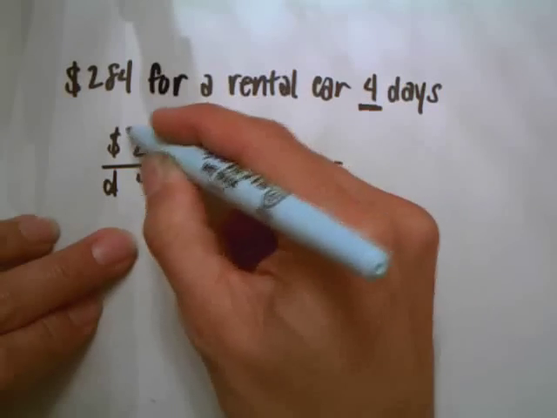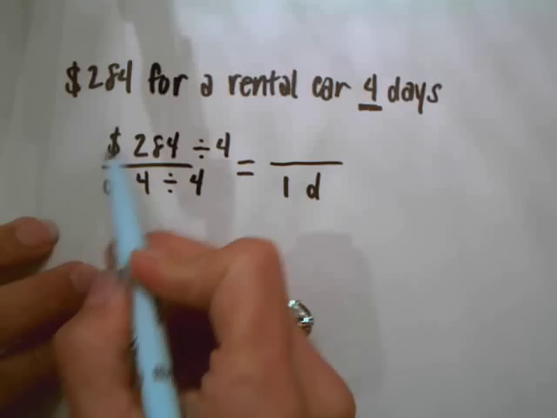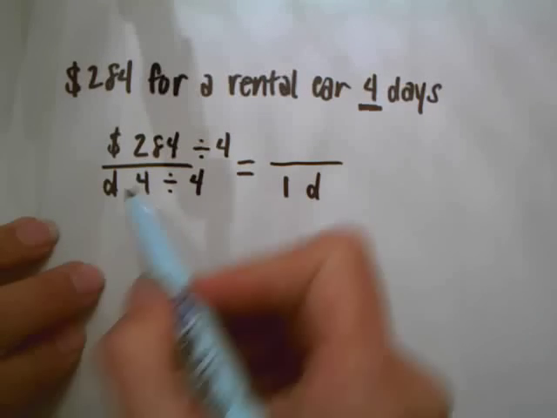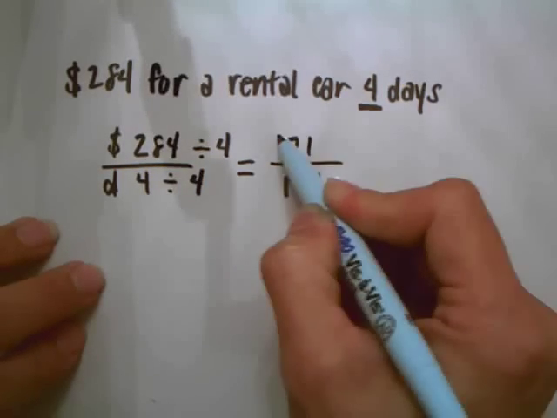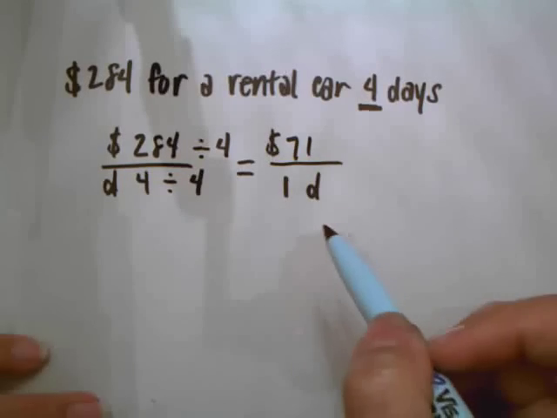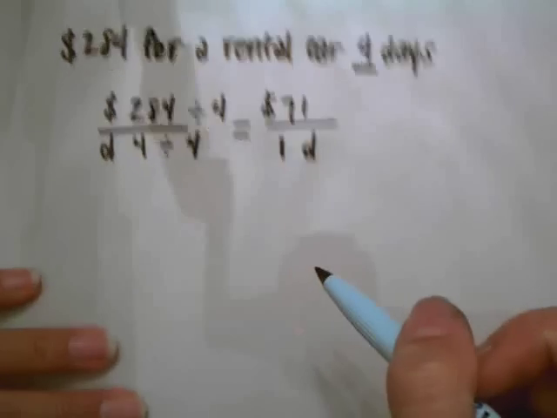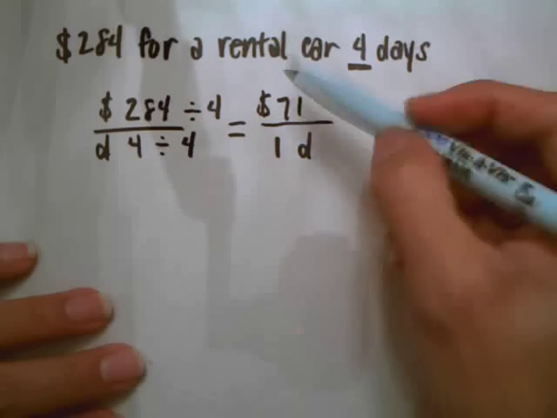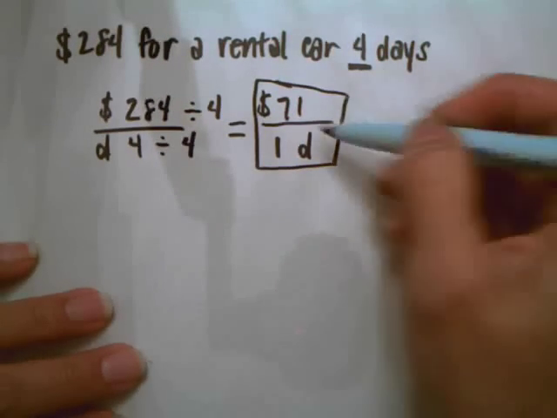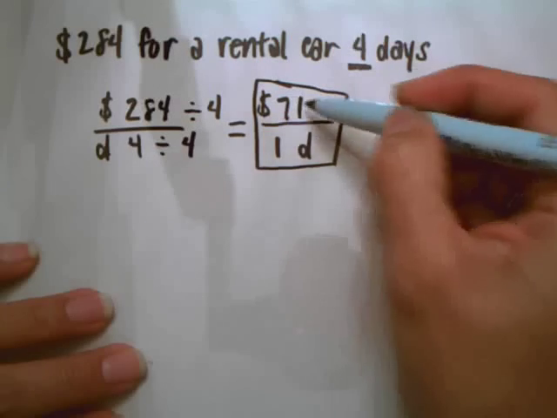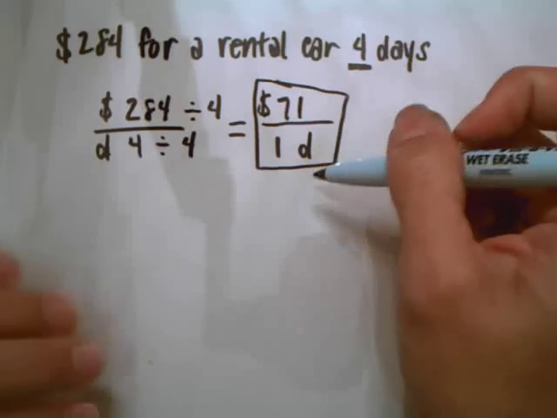Remember, I'm going to keep my unit symbols the same. 284 divided by 4 is $71 a day. So now, this is what we call our unit rate or the rate of proportionality. $71 for 1 day renting a car.